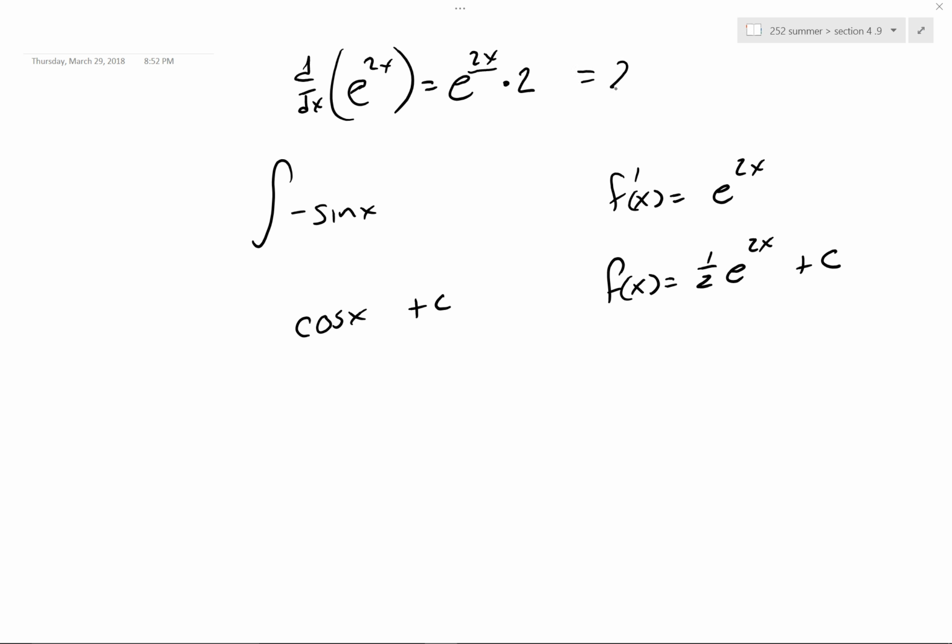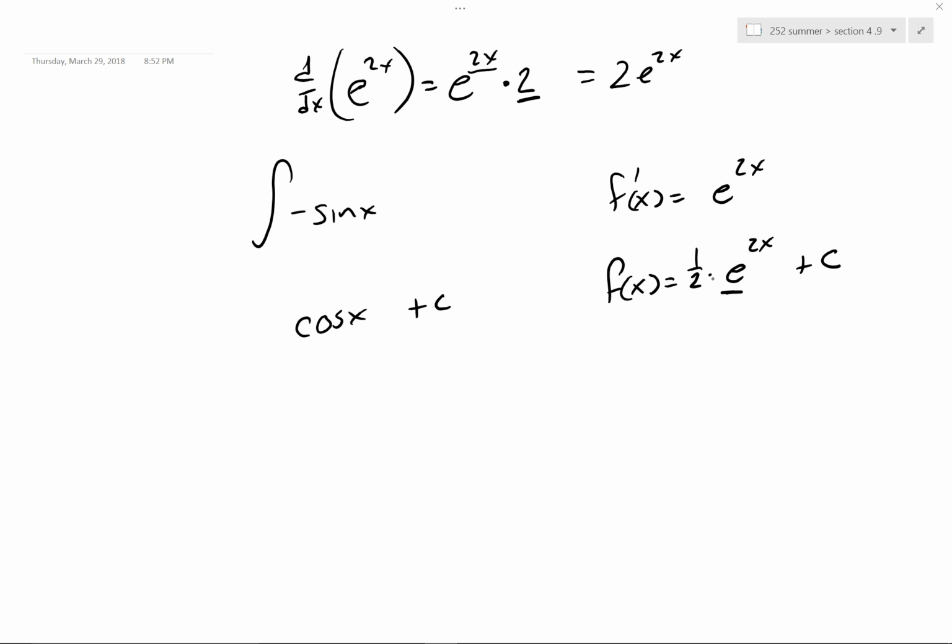So in other words, it would be 2 e to the 2x. Well, this doesn't derivatate to that. It would have an extra 2 in front of it. So in order to account for that, instead of multiplying by this 2, I'm going to divide out by that 2. And so you could probably talk yourself into getting that one right, but there's going to be a lot of other problems where we jump through a lot of hoops in this situation.